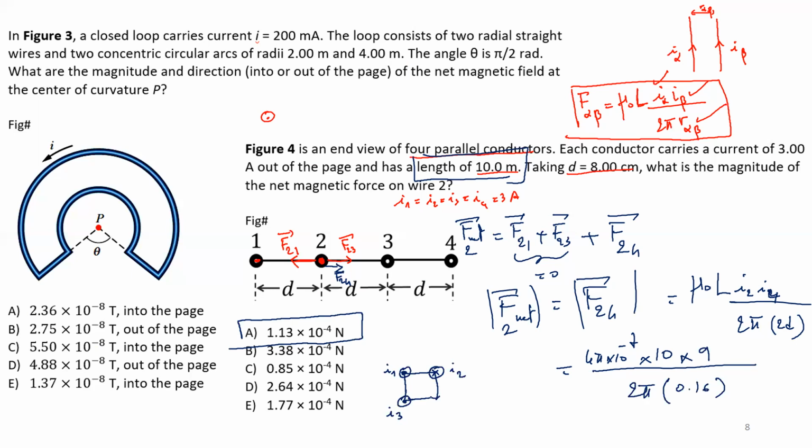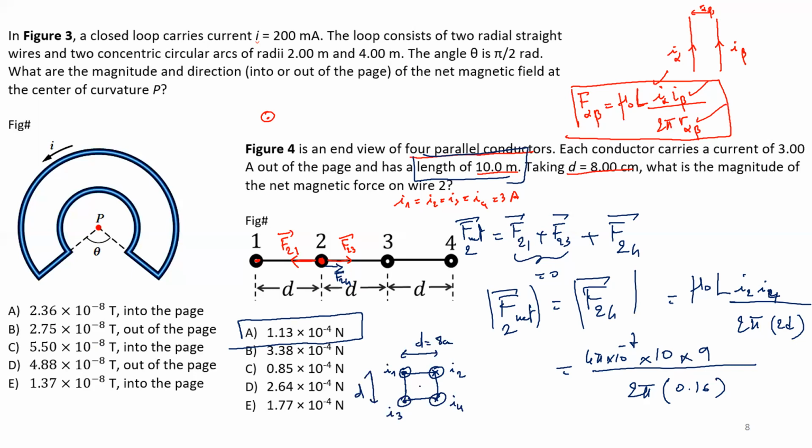And here I have I4 pointing inward. Of course, these distances are the same. The distance is just 8 centimeters. And now I ask you to calculate the same question: the net force on wire 2. We did it in class already.